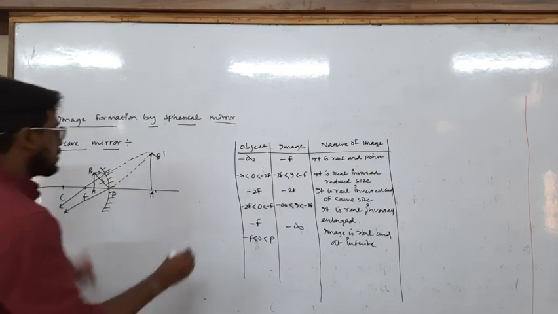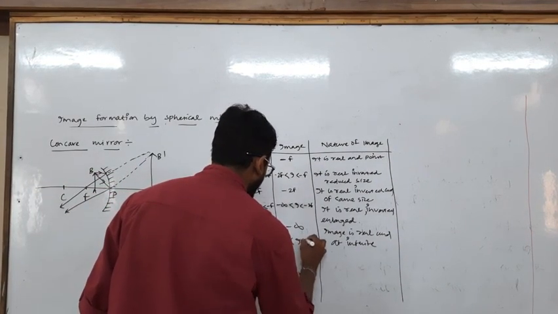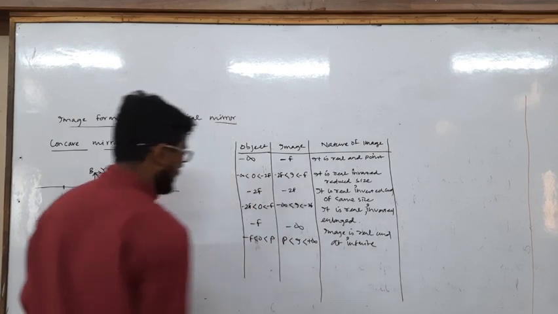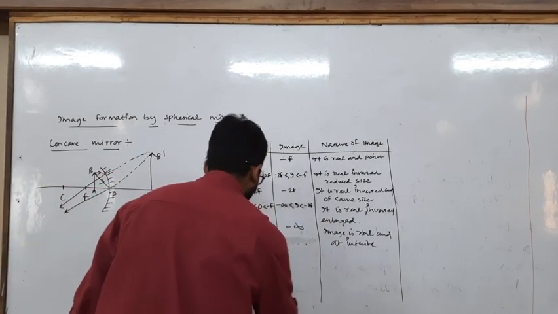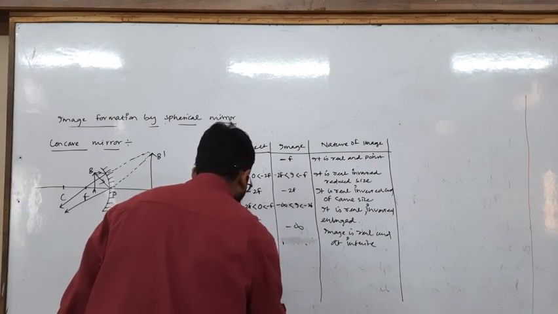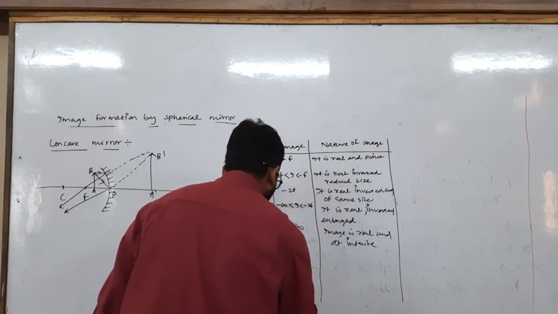So here the image will form between the pole and plus infinity.